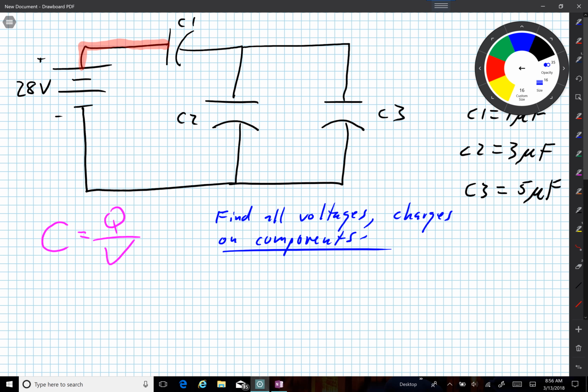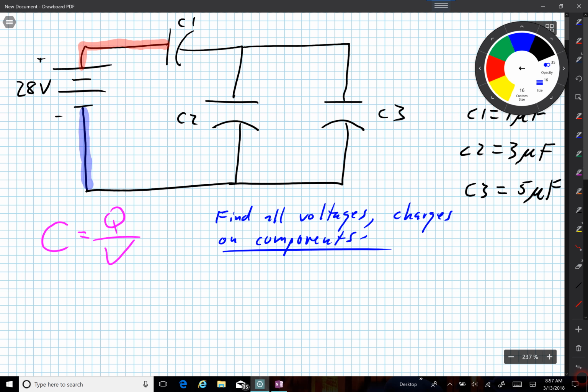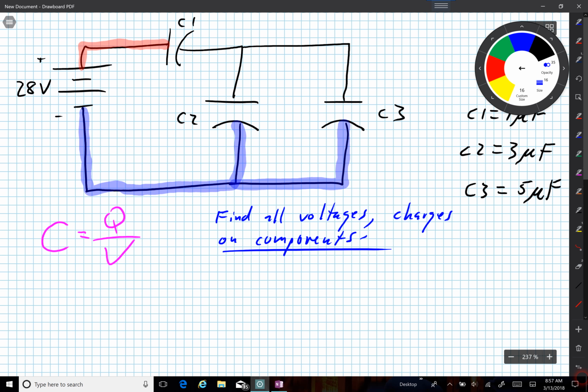I start with my hot color at the positive terminal of the battery, and I trace along the wire as far as I can go until I bump into something. Then I take my cold color and I do the same from the negative side of the battery. And now I'm just going to follow these wires as far as I can go until I bump into something. And then I have areas of the circuit that still have no color on them.